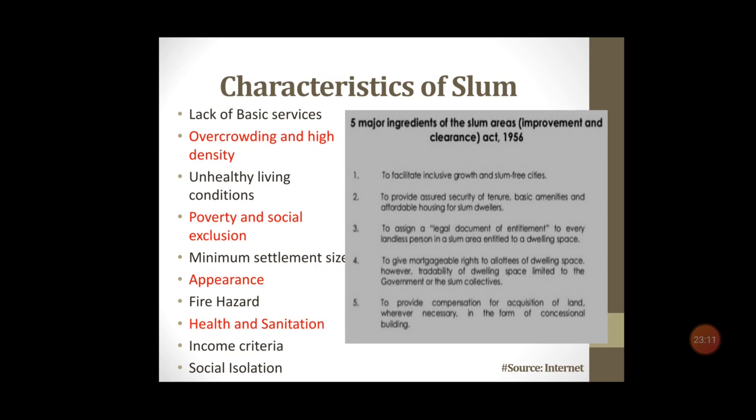The five major ingredients of the slum areas as per the Act 1956 to facilitate inclusive growth and slum-free cities: this particular act says that there must be improvements and clearance in a city, and a city must be slum-free to provide assured service to the tenure, basic amenities, and affordable housing for slum dwellers, to assign a legal document of entitlement to every landless person in a slum area entitled to a dwelling space, to give mortgageable rights to allottees of dwelling space.